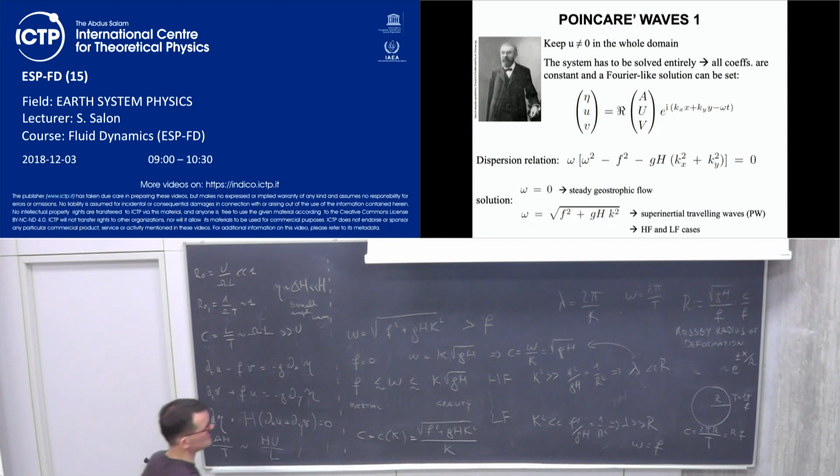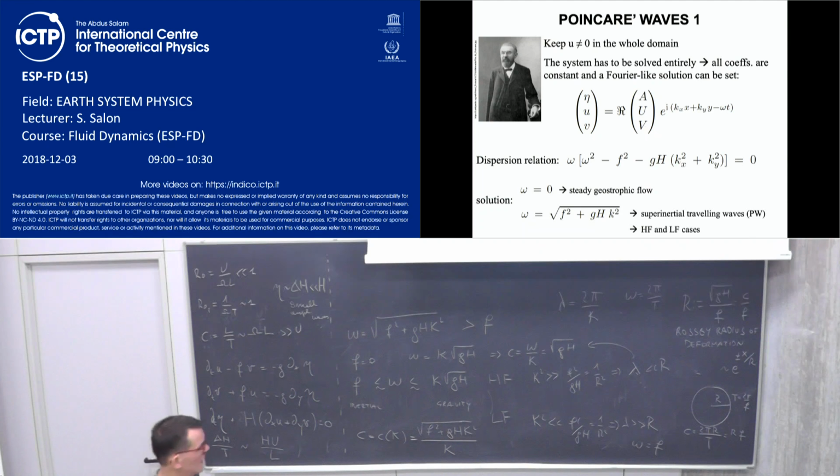This is the most general expression that we can have for our phase velocity. Of course, if we go to the two limiting cases, we again find the square root of gh in the case of high frequency, or f over k, which is omega over k, in the case of low frequency.